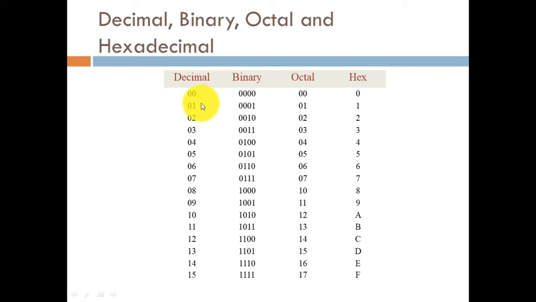The binary equivalent for 0 is 0000, for octal we have 00, and for hexadecimal we have 0. This table shows how different digits in the decimal number system are represented in binary, octal or hexadecimal. These are the equivalent numbers to each other. This table will be very helpful during the conversion process.